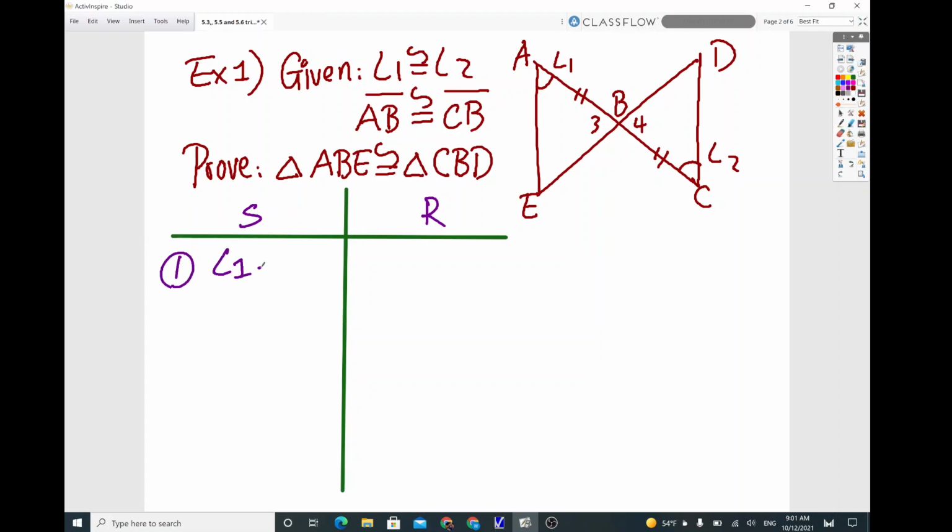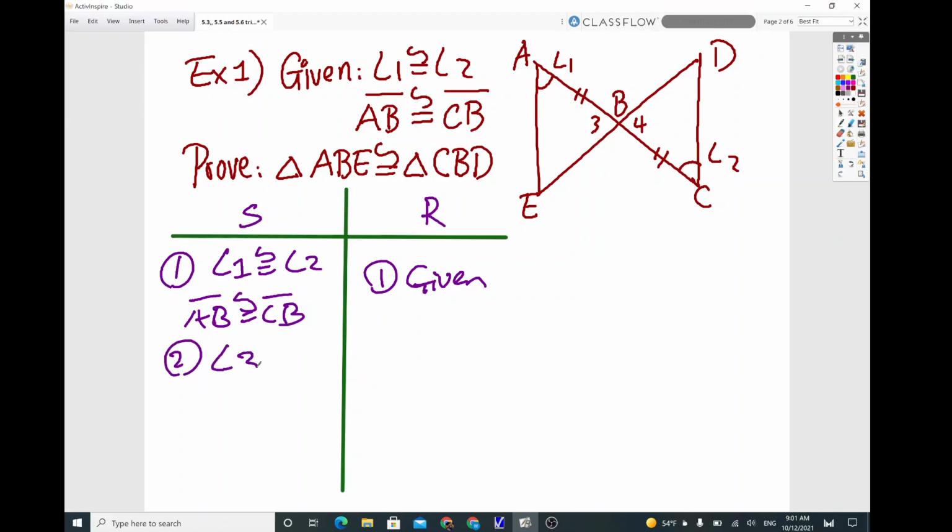So angle 1 is congruent to angle 2, and segment AB is congruent to segment CB. Given. Another thing that we notice here is that angle 3 and angle 4 are considered vertical angles, so definition of vertical angles.